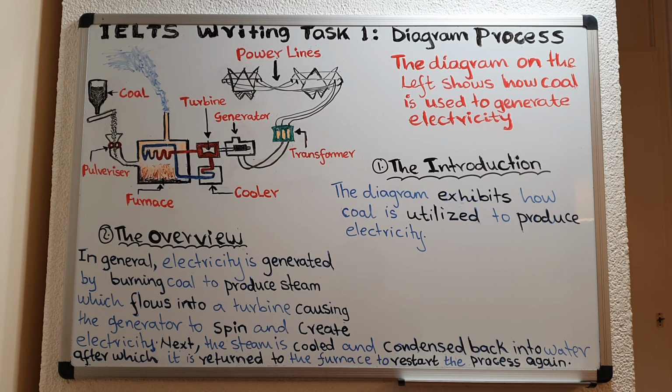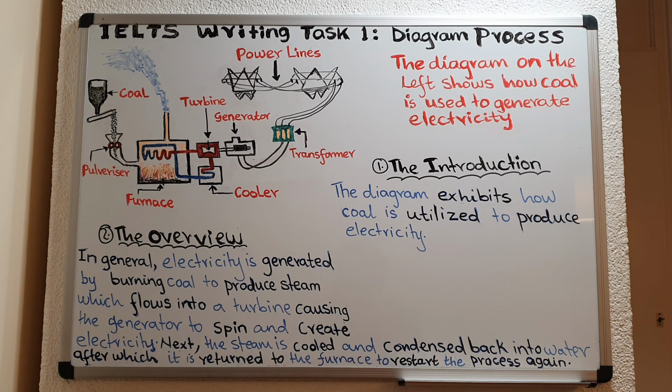For example, you start the overview with in general, and then you have the word generated. Electricity is generated. That's a verb. By burning coal to produce steam, which flows into.